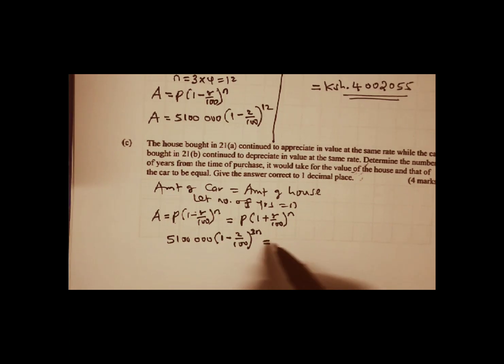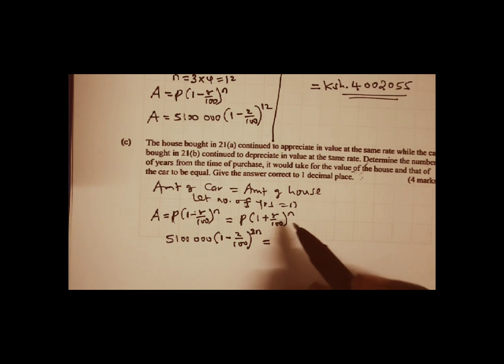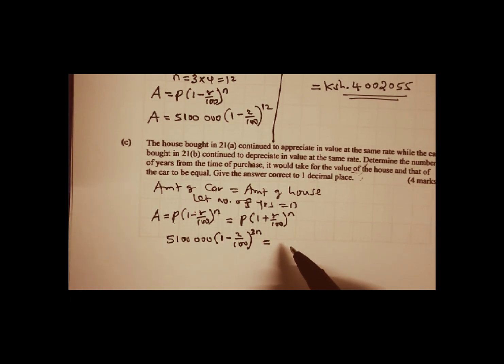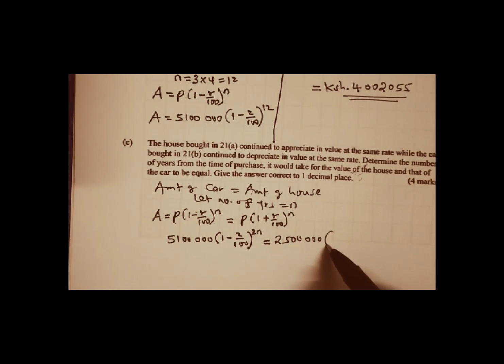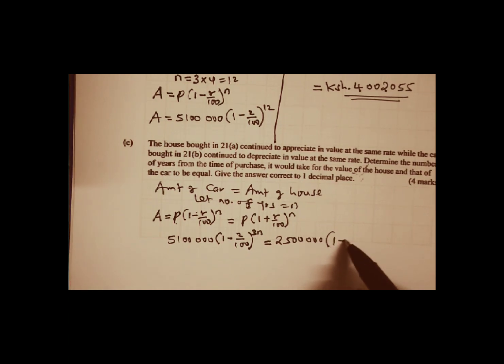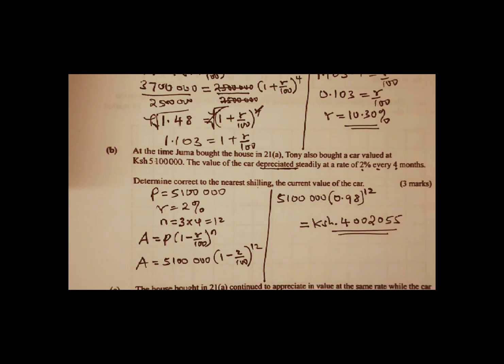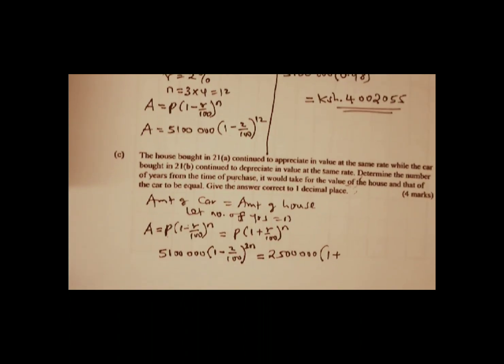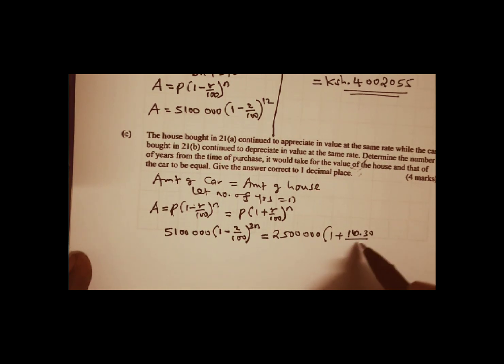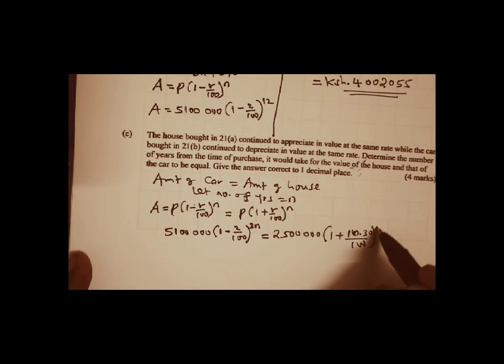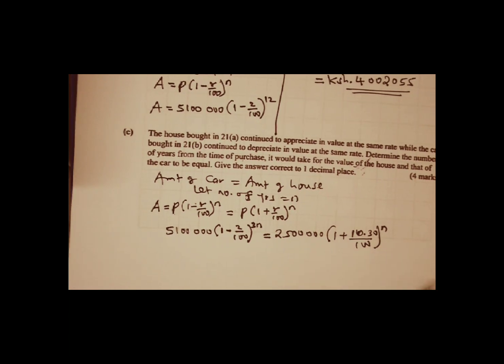So this is equal to the principal of the house when it was actually bought. It was bought at 2.5 million, and this will be equal to 1 plus the rate. The rate was already calculated as 10.30. The rate is 10.30 divided by 100. Then we raise to the number of periods.